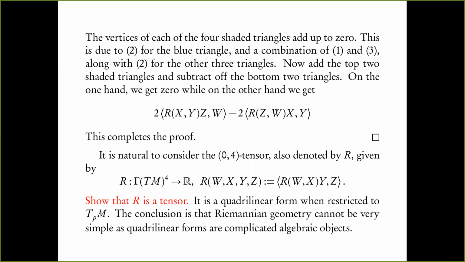However, it shouldn't be a cause for despair. We'll hopefully make some more uplifting remarks as we move on. But you cannot expect Riemannian geometry to be a very simple thing, simply because this gadget appears naturally and this is algebraically a very formidable thing.